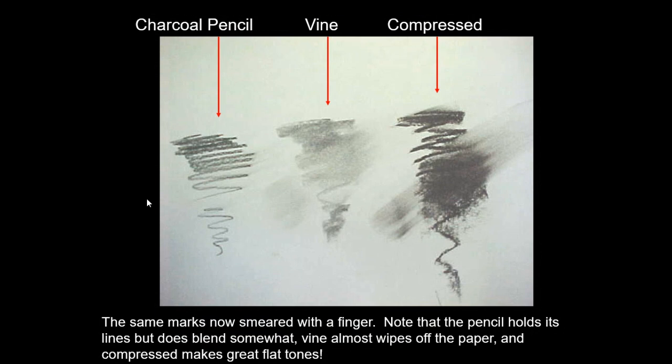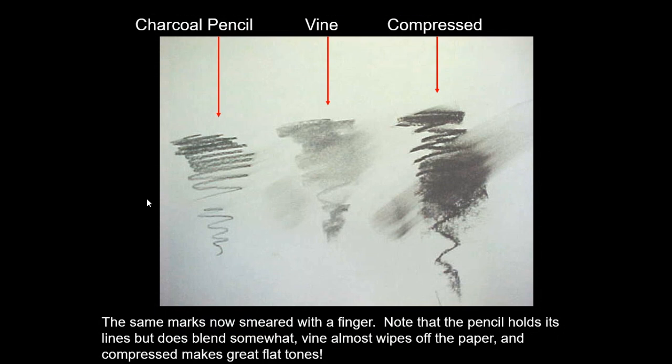In this slide, I took the same marks that I had made earlier with the charcoal pencil, the vine, and the compressed, and I took a piece of cloth and with my finger rubbed across those surfaces so you could see the effect of trying to blend, to manipulate the charcoal by hand. The charcoal pencil, you see, doesn't blend at all. There's a little smudging and smearing, but not much.